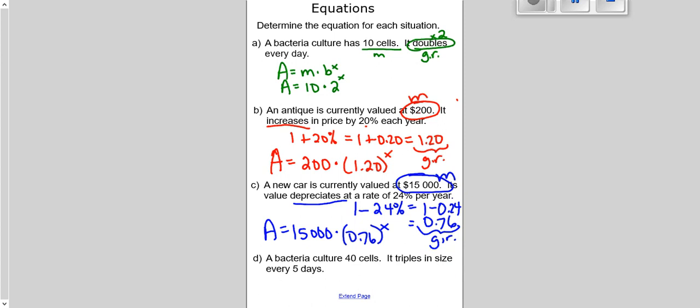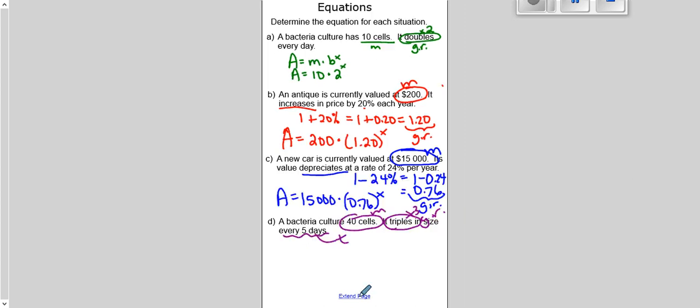So let's talk about this a little bit. So here's where we're starting at. 40 cells, there's my M, and it triples in size, so we're multiplying by 3, so that's my growth rate. But every 5 days, so we're going to have to take a look at that in terms of time, okay? And I'll show you what we can do with that in just a moment.